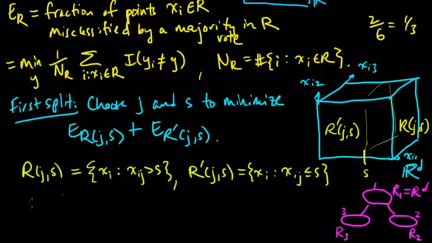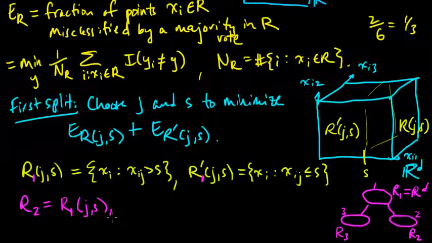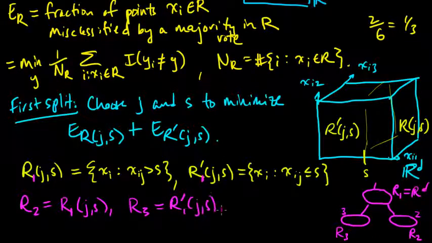Let's call this R1, since this was our first split. This is R1, and this is R1 prime J S. And so R2 will be, for the J and S that minimized this, R1 J S, and R3 is going to be R1 prime J S for the J and S that minimized this on the first split.